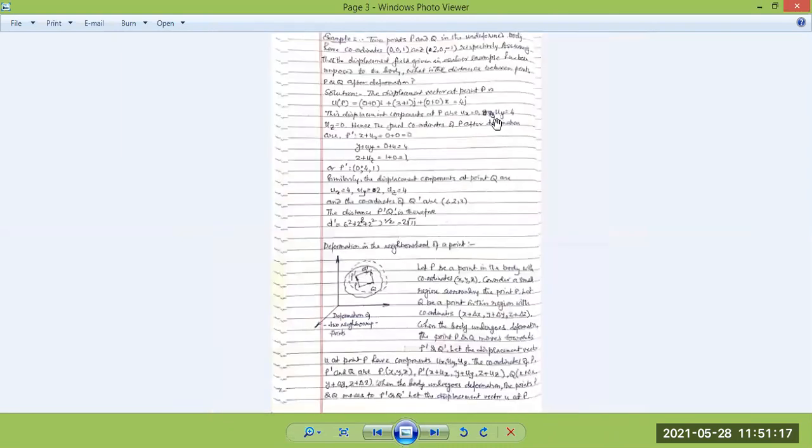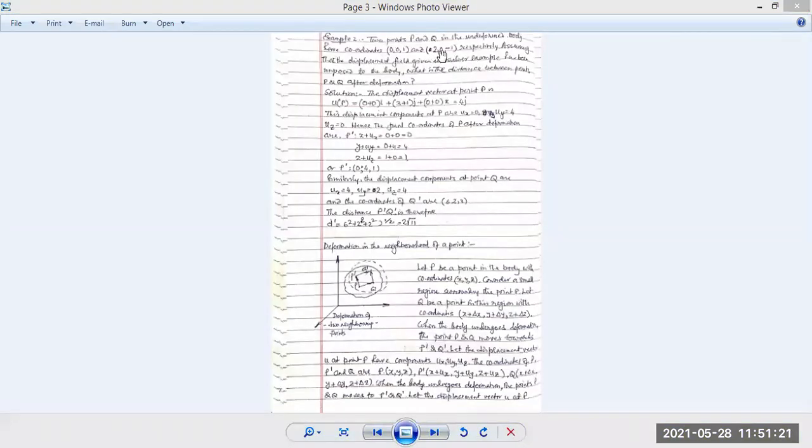Now the displacement components of point Q are given as ux 4, uy 2, uz 4 itself. The coordinates of the point Q will be given by adding this to the initial coordinates, which are given here as 0, 2, minus 1. You get the ux, uy, and uz.